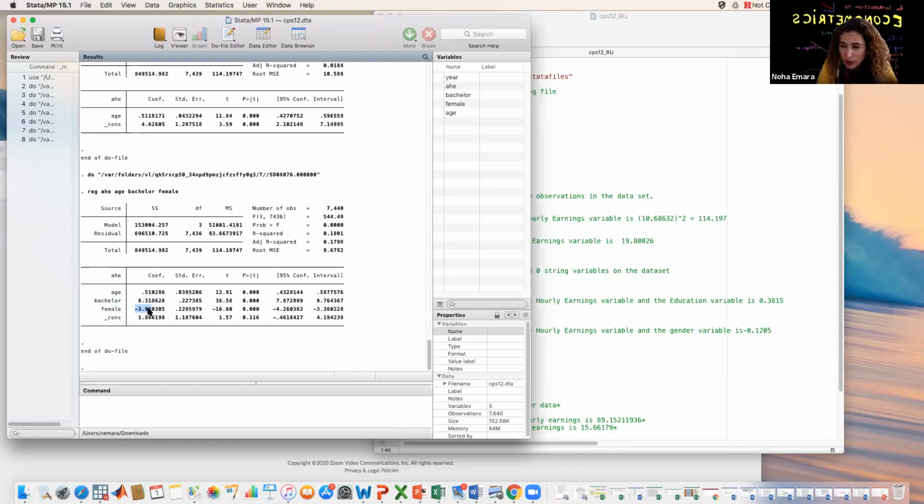So if I asked you how much females earn as compared to males per hour, females would earn less by $3.81 an hour. And at 0 age, 0 bachelor, 0 female, the average hourly earning is about $1.87 an hour.